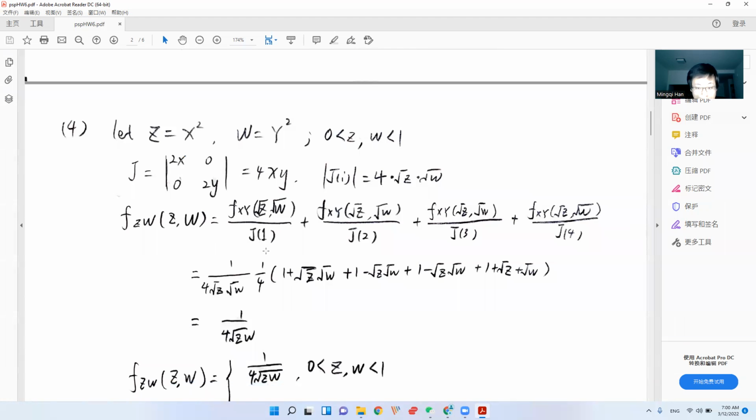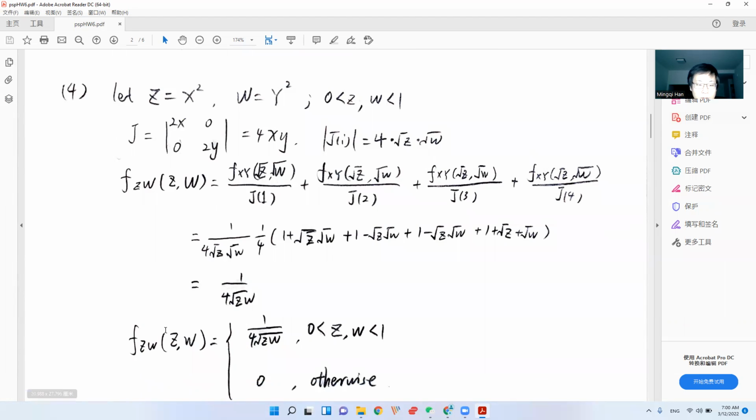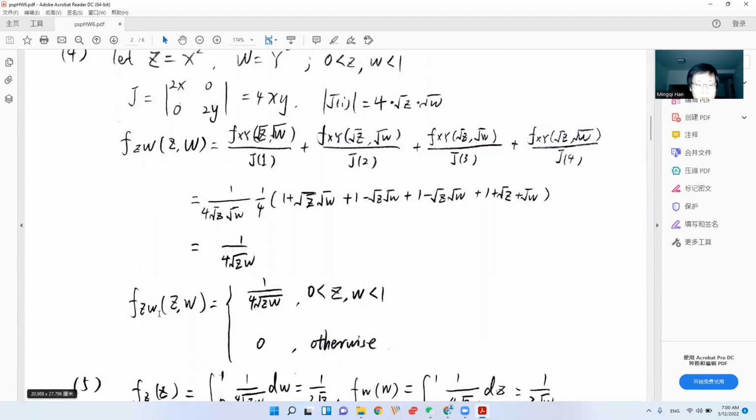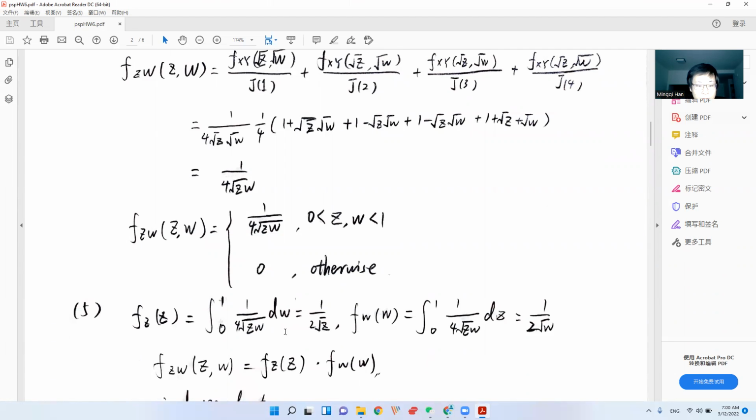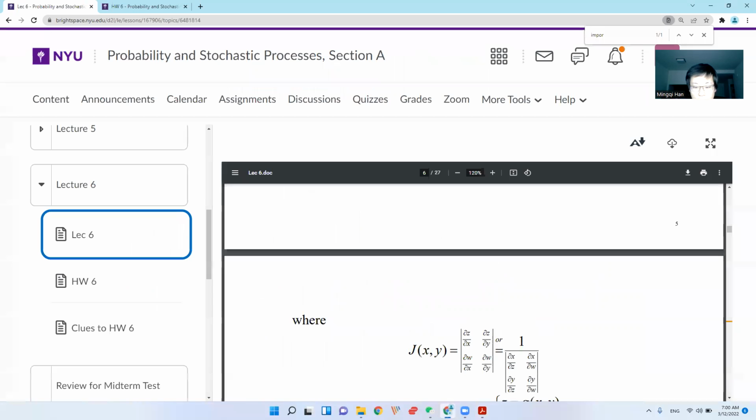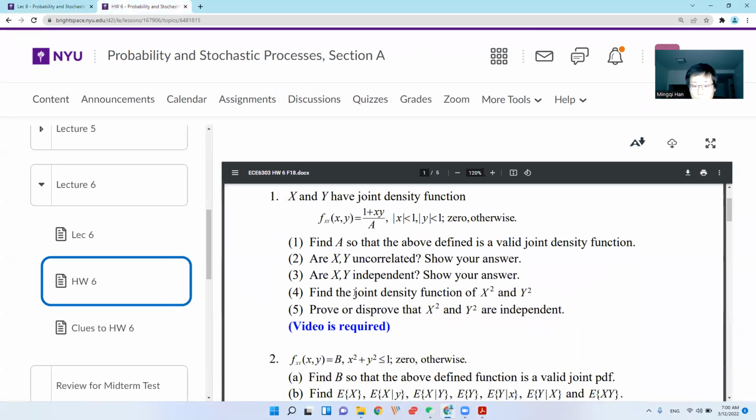Then we plug everything into this equation and we have this value for z and w. And finally, that's the joint density function of x squared and y squared.